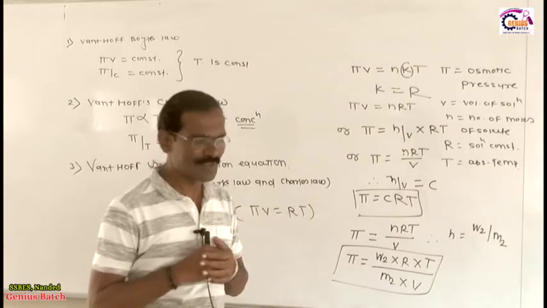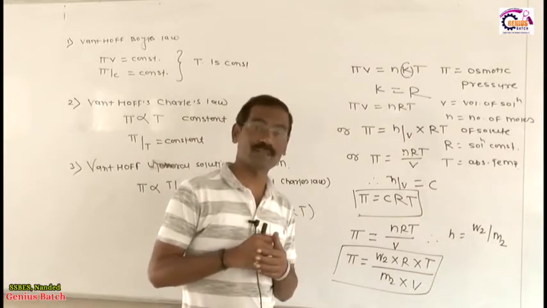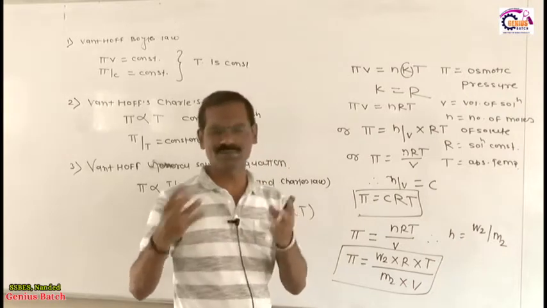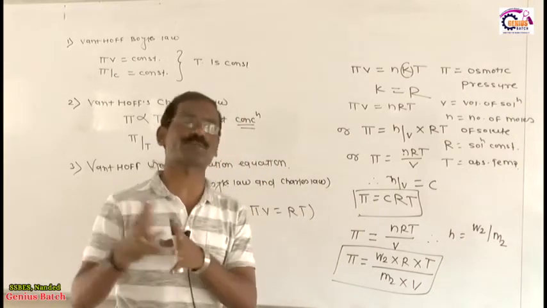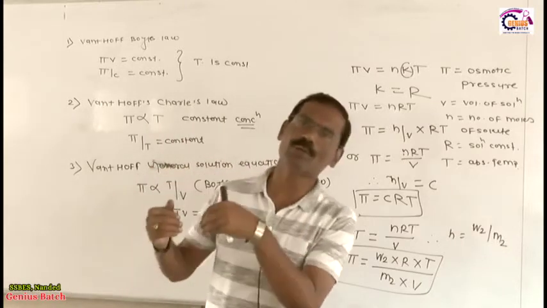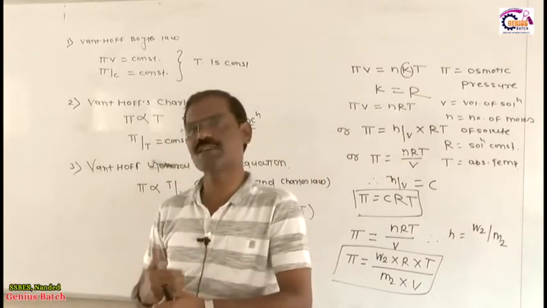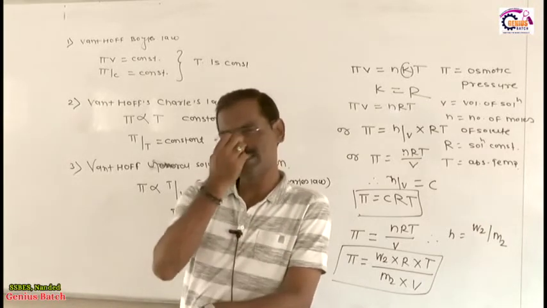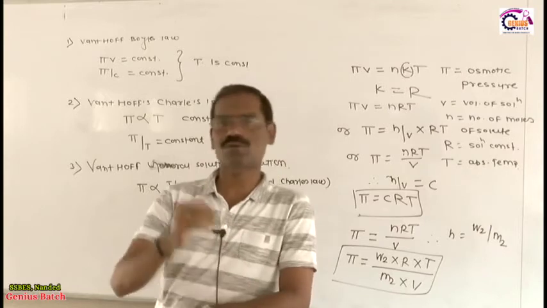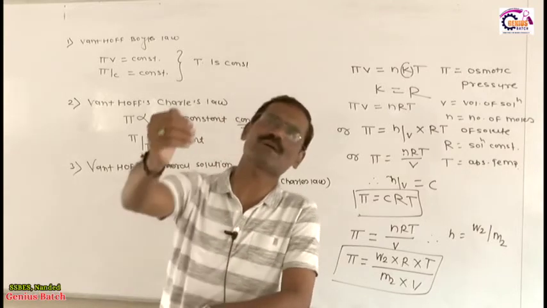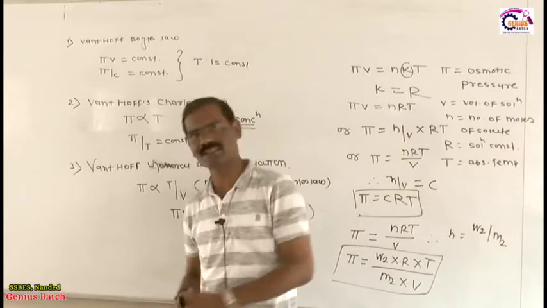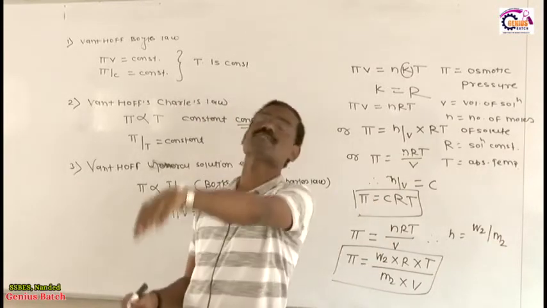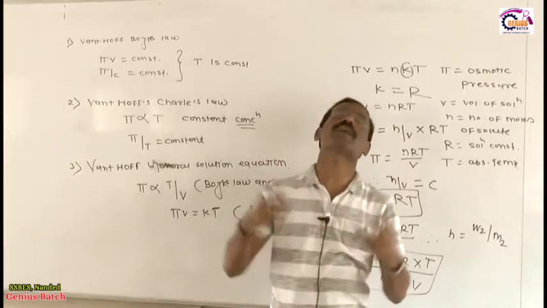So my dear friends, these are the osmosis phenomena. In previous videos I gave you a small introduction to reverse osmosis. At our home we have an RO system. RO means reverse osmosis. Osmosis means unidirectional flow of solvent toward the solution, or flow of solvent from low concentration to high concentration through a semi-permeable membrane. Now what is reverse osmosis? It is the flow of solvent from higher concentration to lower concentration, because we require pure drinking water.